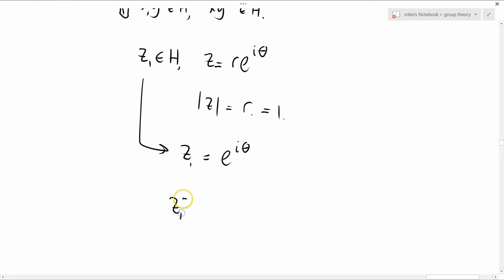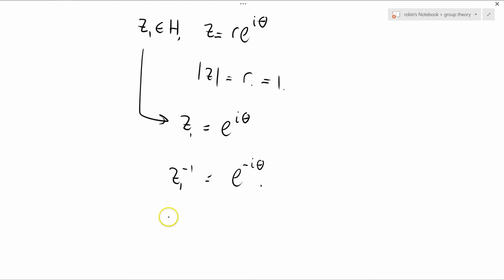So what is Z1 to the minus 1? Well, that's just equal to e to the minus i theta. I'll just verify that Z1 times Z1 to the minus 1. See how I casually use a dot there to indicate complex multiplication. I'm being a bit slack with my notation. I should be a bit more consistent, but it doesn't matter.